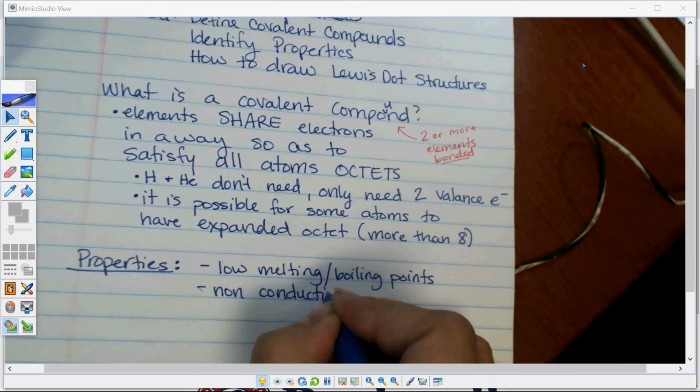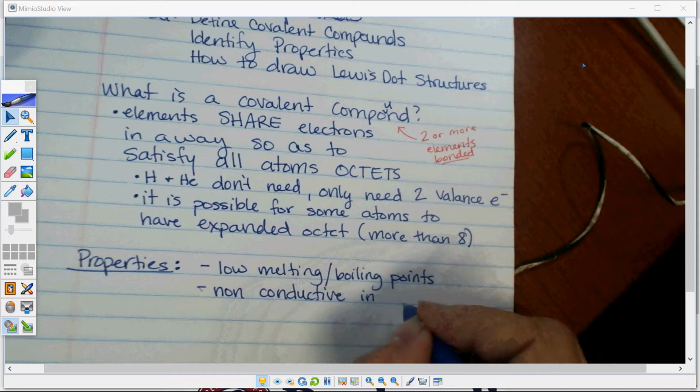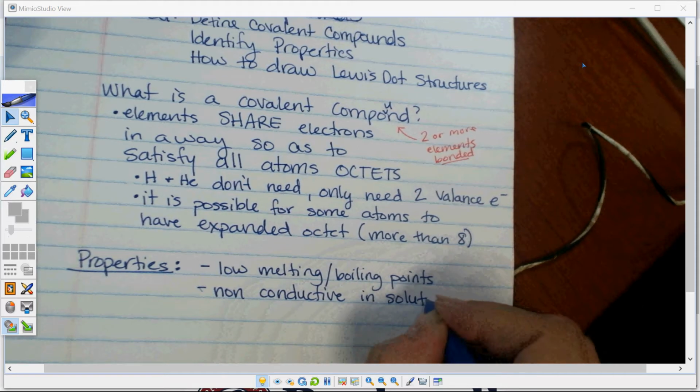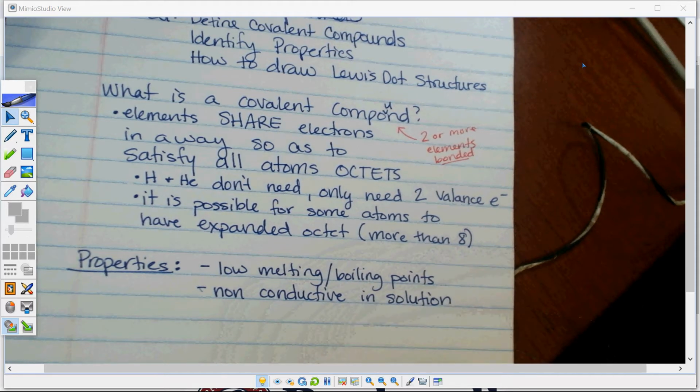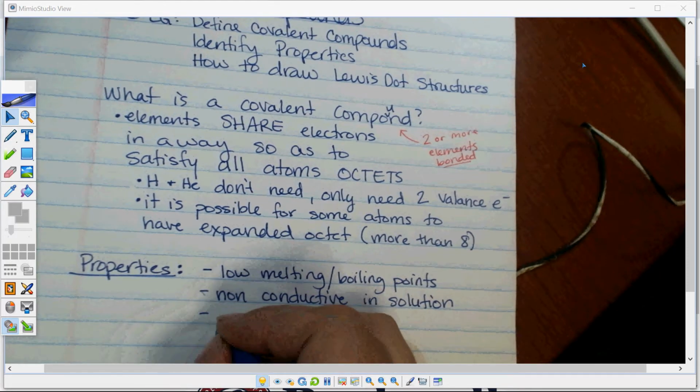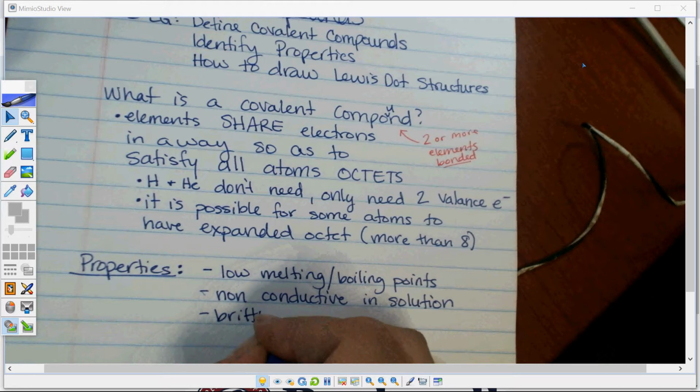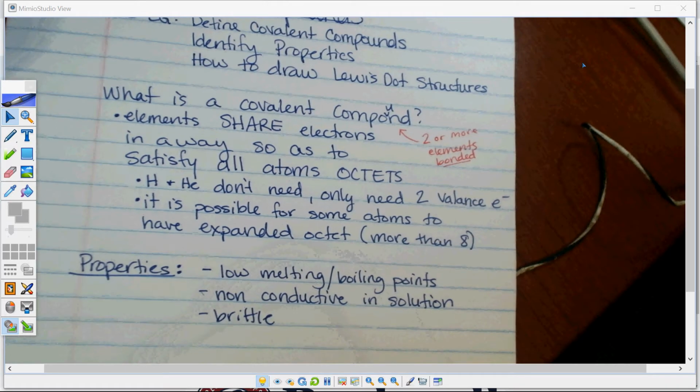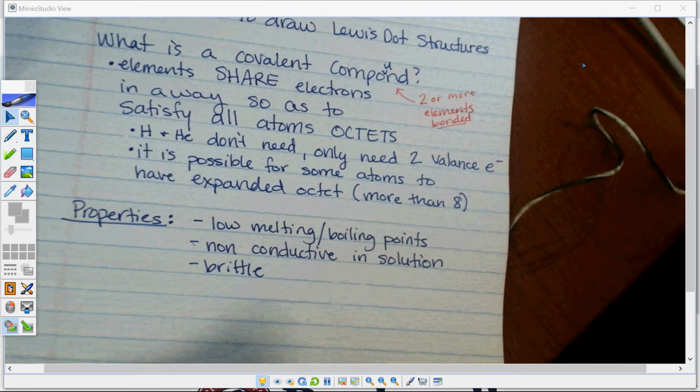So what that means is if you dissolve them in water, that solution that you make is not going to be conductive. It won't conduct electricity. And they tend to be kind of brittle. So just some general properties for you.